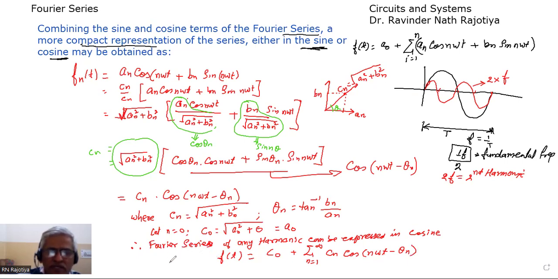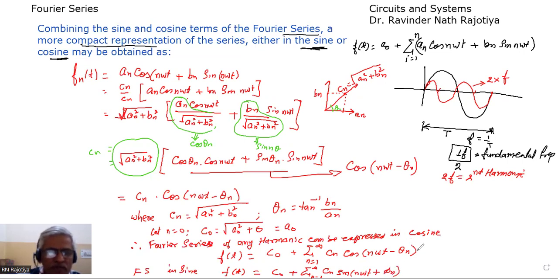Similarly, the Fourier series in the sinusoidal form will be f of t is equal to c0 plus summation of n is equal to 1 to infinity of Cn sine of (n omega t plus, let's say, some angle phi n).